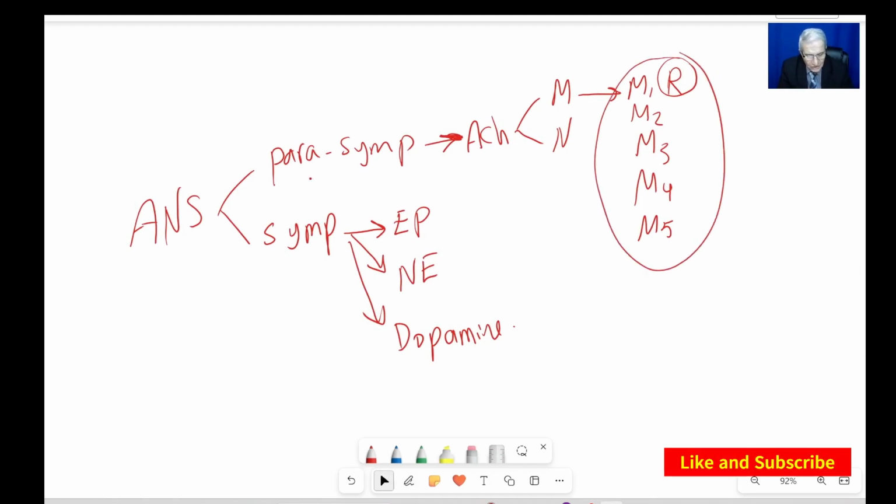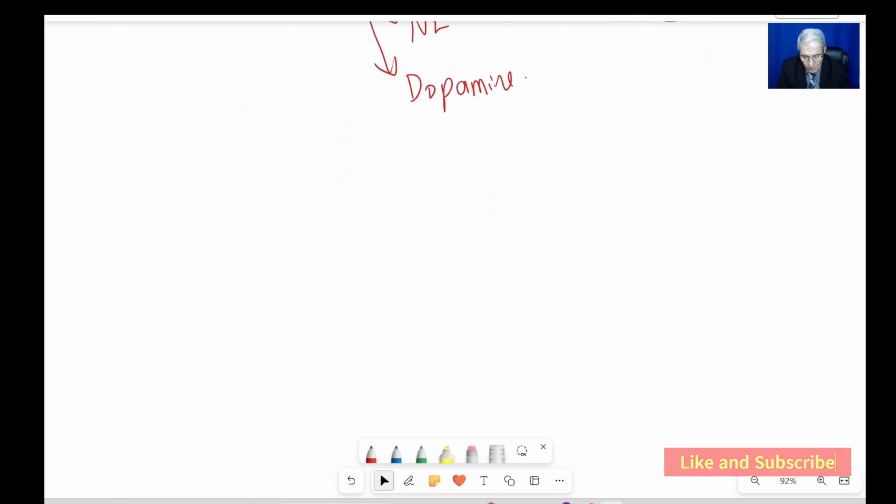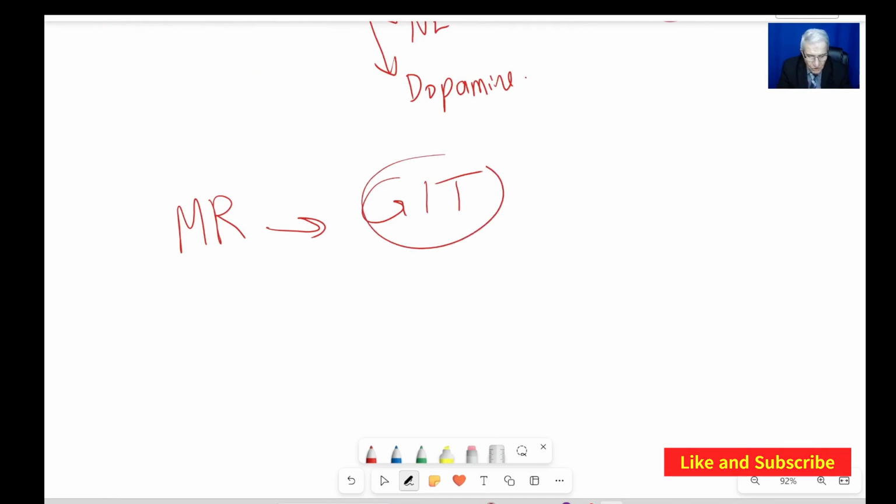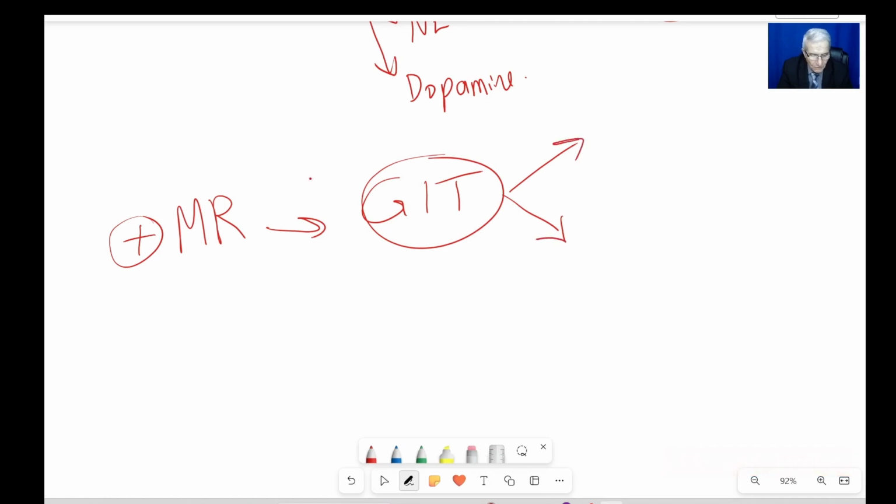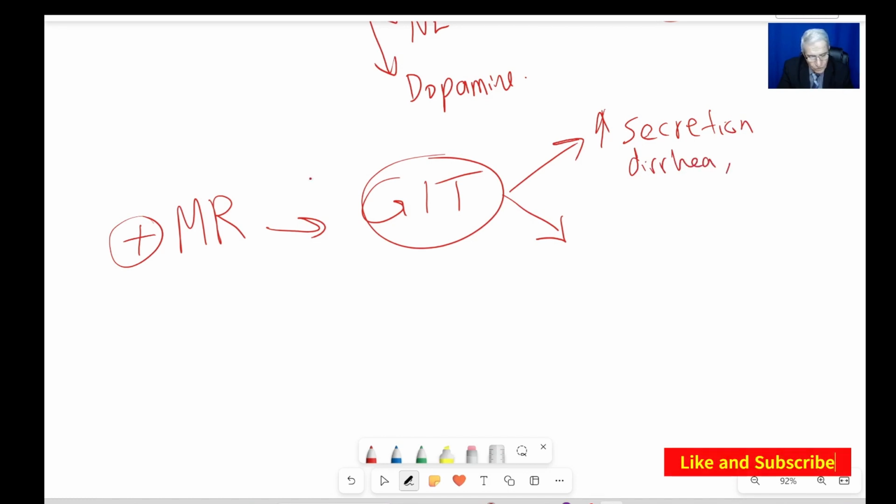Speaking about the muscarinic receptor in the GIT system, we need you to remember two things. If you activate this receptor, this is the normal response. When you activate the muscarinic receptor in the GI system, we have two main responses. The first is increased secretion, so here we start talking about diarrhea, for example, or vomiting.